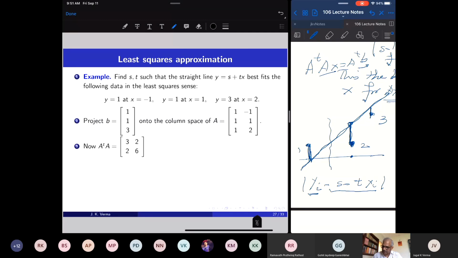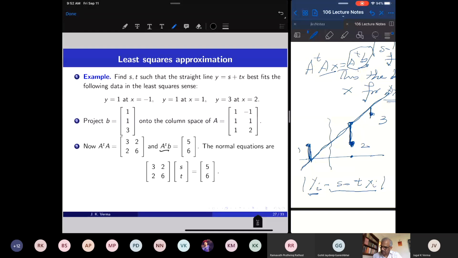So A transpose A, you can find out it is this matrix, and then we have to find A transpose B. This matrix is A transpose A, and this matrix is A transpose B. This is a nice system of simultaneous linear equations.